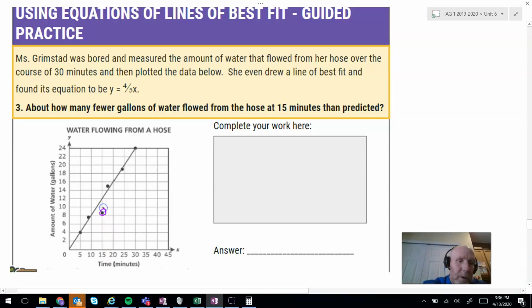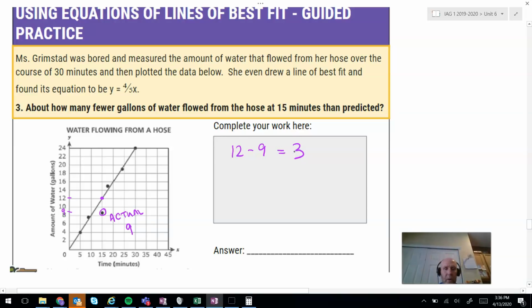The actual point is at about 9 gallons. That's the y value. The predicted value is the one on the line of best fit, which was 12. So all we need to figure out is how far 12 and 9 are apart, which is 3.